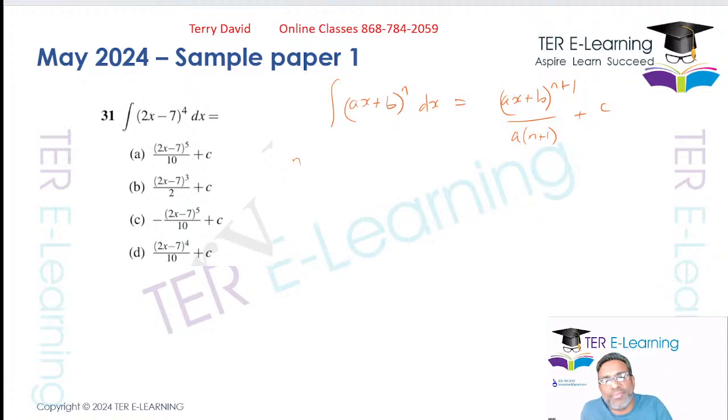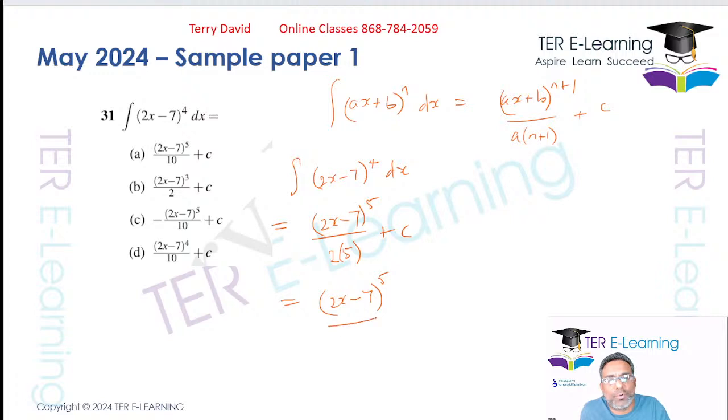So therefore, if I integrate 2x minus 7 to the power 4 and I use that formula, it is going to be (2x minus 7) to the power 5 all over 2 times 5, plus c. So this is going to be (2x minus 7) to the power 5 all over 10 plus c.